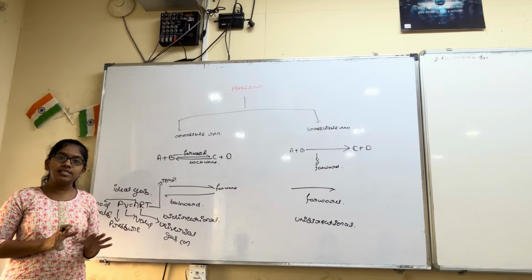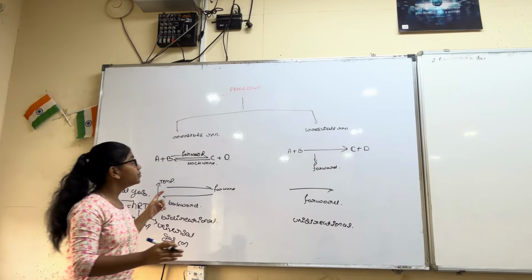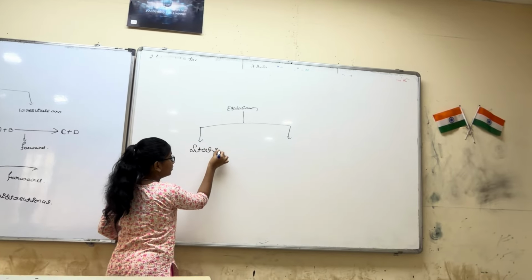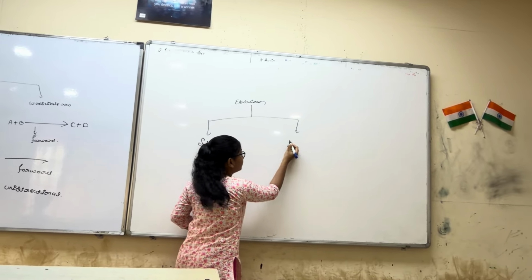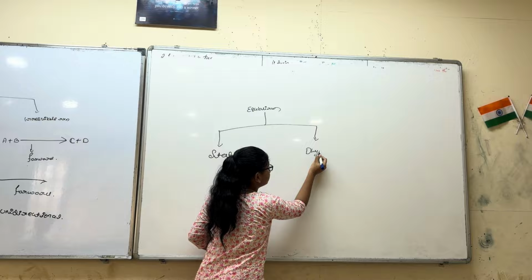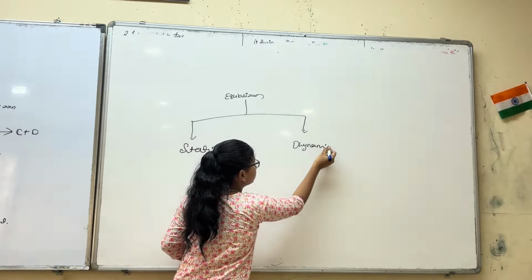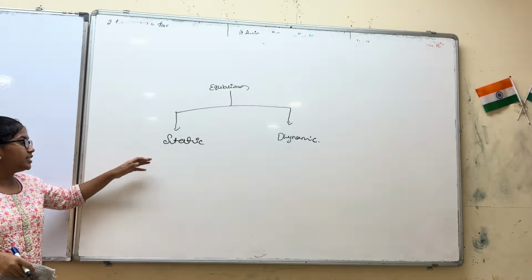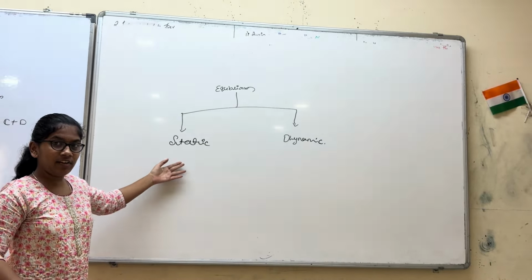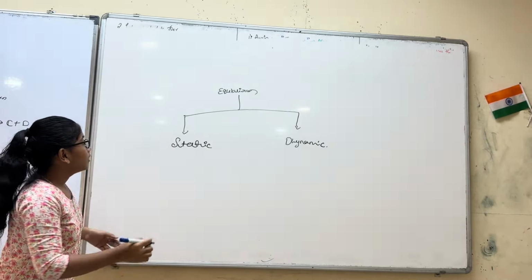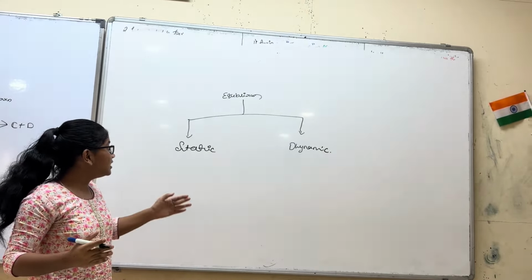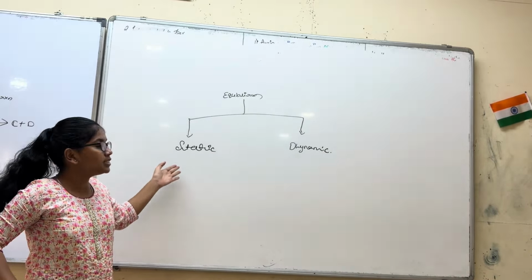There are two types of equilibrium. Static and dynamic. In static equilibrium, the initial and final volume are the same, so the change is 0.